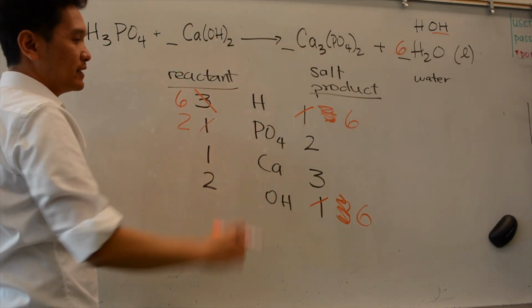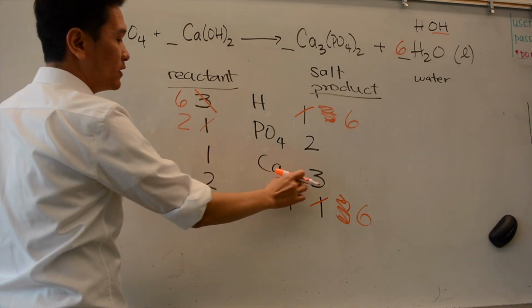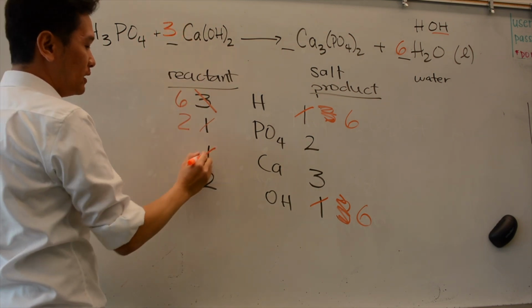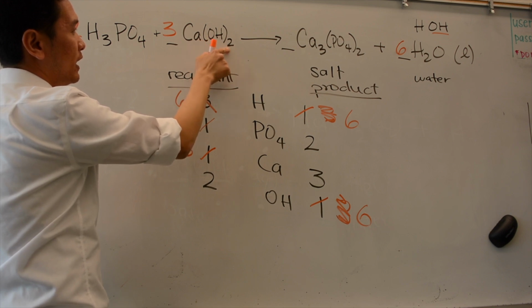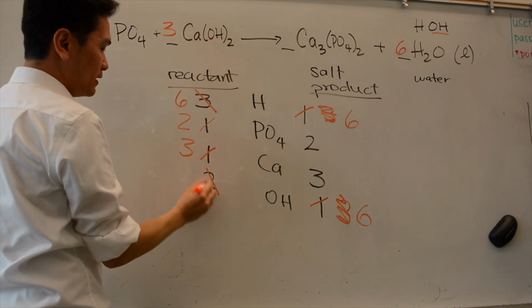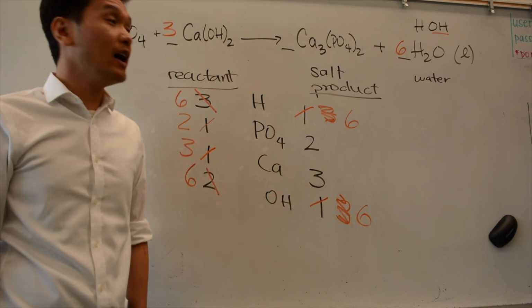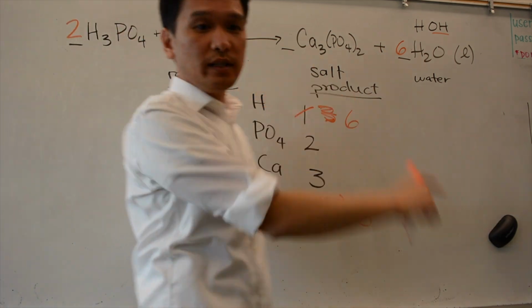Great, now I have 2 things happy. Now let's go to the third one. Calcium, 1 versus 3, so I need a 3 on this side. 3 times 1 is 3. 3 times how many hydroxides? You already have 2 of this, now you have 3, so that makes it 6. Oh look, 6 and 6, hydroxide is also happy. So our final answer is 2, 3, 1, 6.